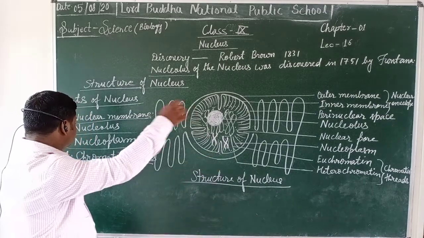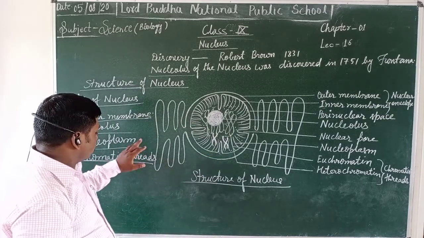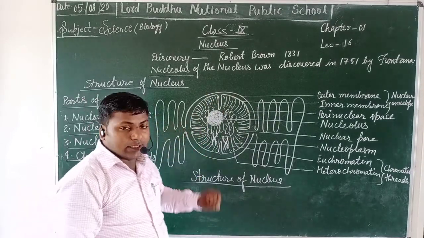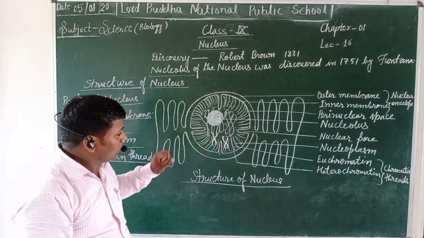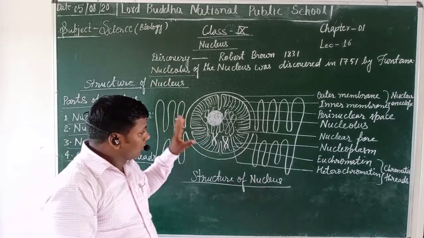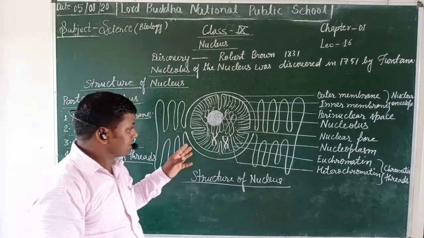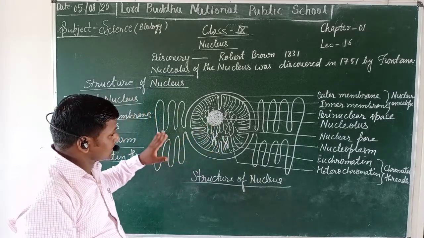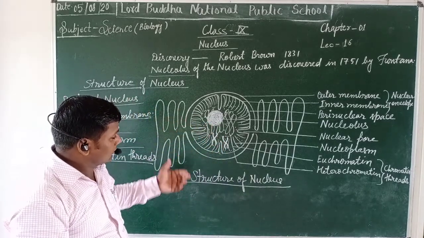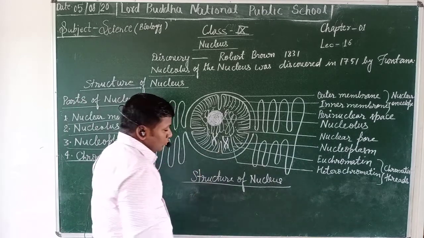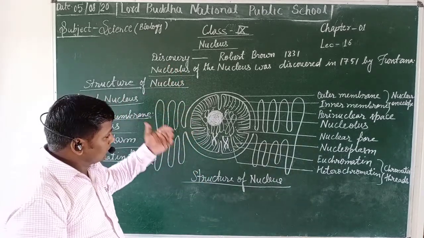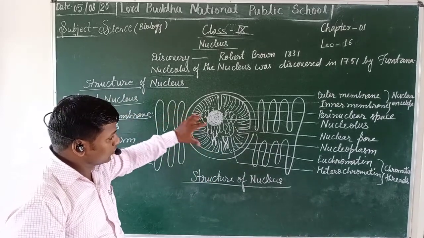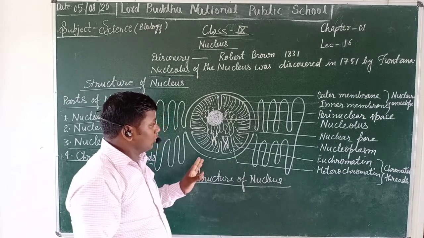Now we are talking about the nucleoplasm. Nucleoplasm contains about 90% water and 10% organic and inorganic substances. Its major part, about 3 to 4%, consists of histone protein, and about 1 to 1.5% other non-histone, or normal, proteins are also present inside the nucleoplasm.